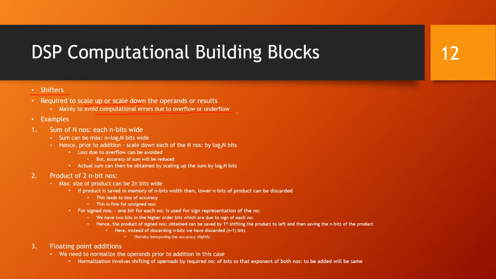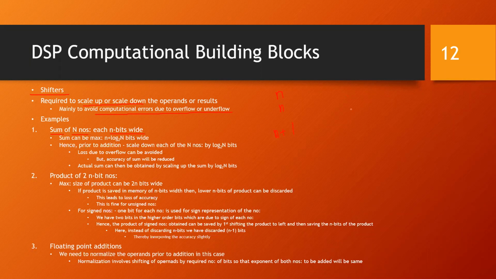Now, where can you use the shifters? For example, suppose we are adding numbers. In this case, we are considering n numbers, and each number is n bits wide. As I spoke about previously, if I am adding two n-bit numbers, the result can be n bits plus one extra bit.